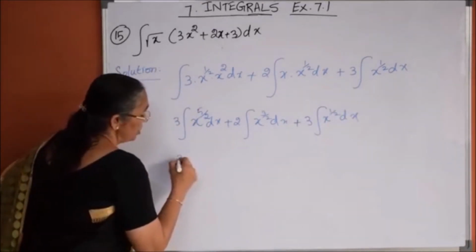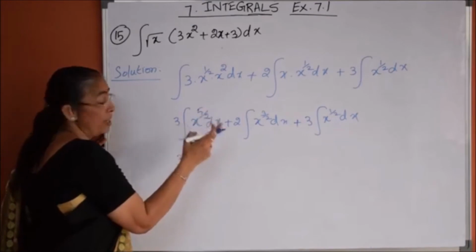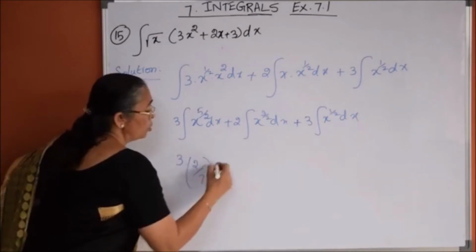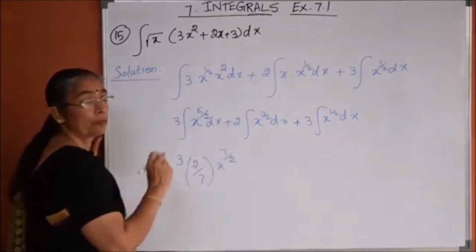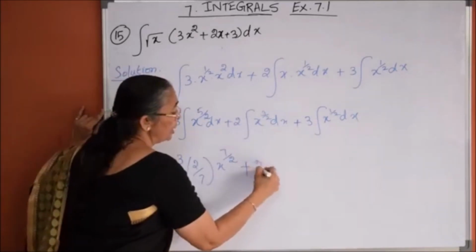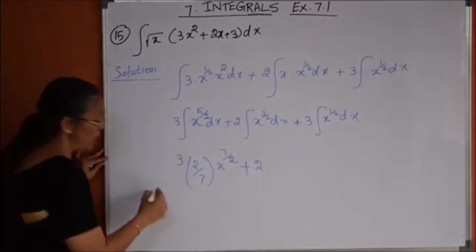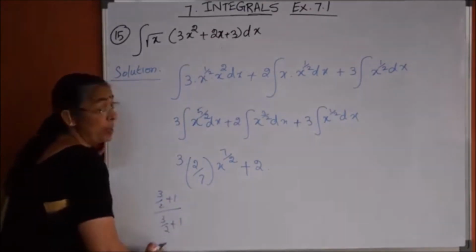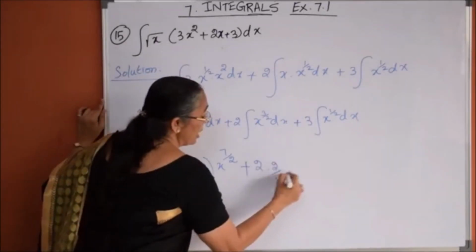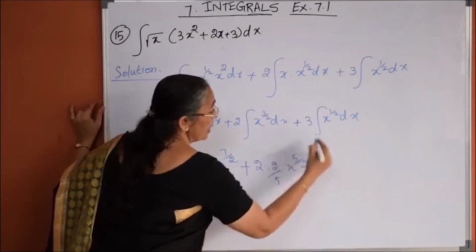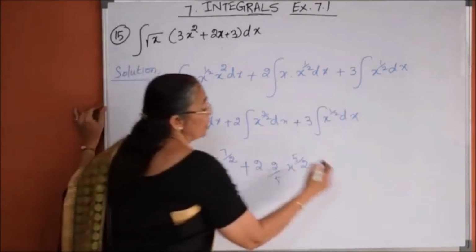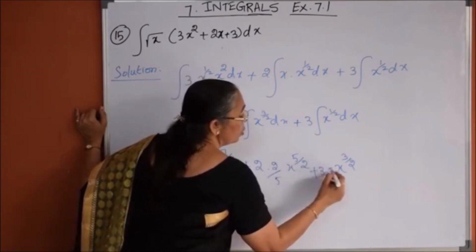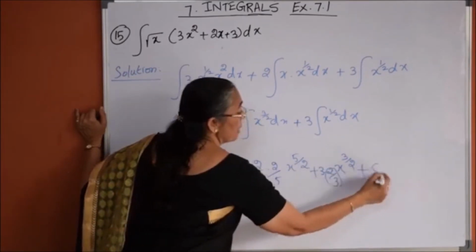So we get 3 into x power 5 by 2 plus 1, which is x to the power of 7 by 2 by 7 by 2, which can be written as 2 by 7 of x to the power of 7 by 2, plus now 2 into x to the power of 3 by 2 plus 1 divided by 3 by 2 plus 1, which is 5 by 2 by 5 by 2, which is 2 by 5 of x to the power of 5 by 2, plus 3 into x power half plus 1, x to the power of 3 by 2 divided by 3 by 2, which is 2 by 3 reciprocal multiplication, plus c.